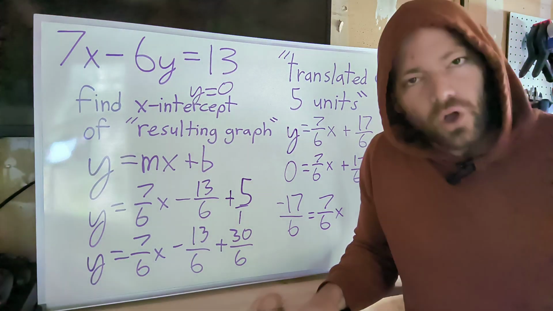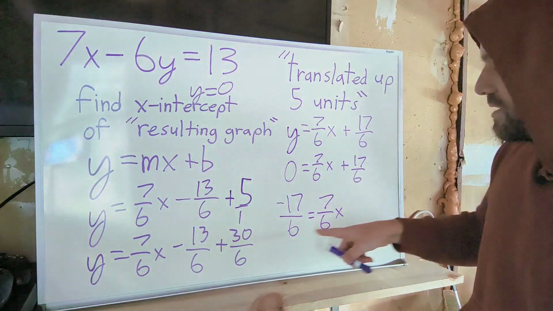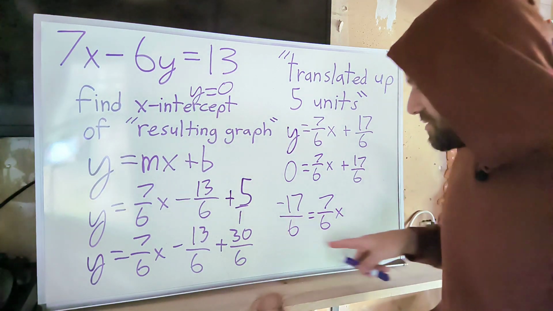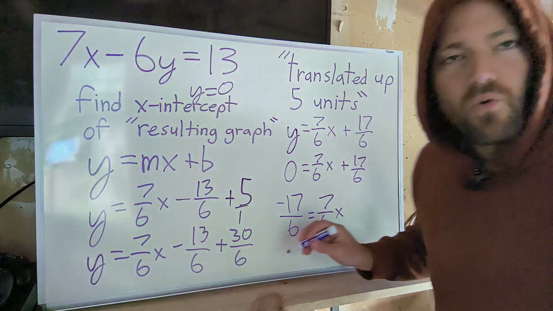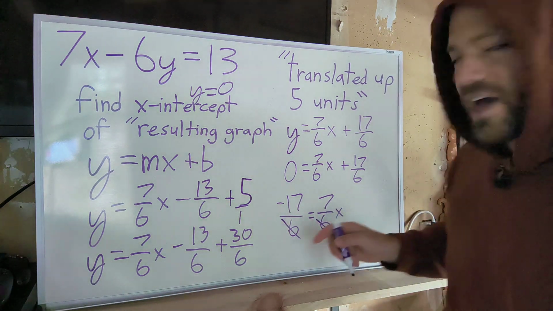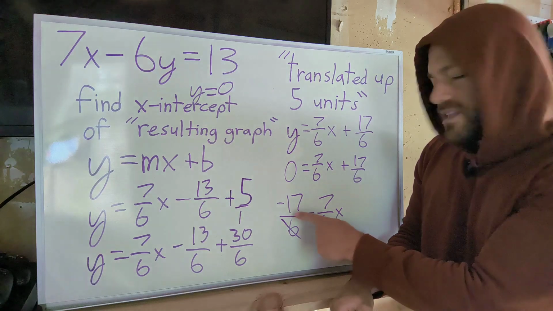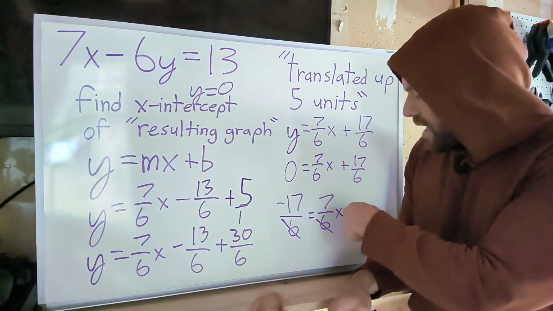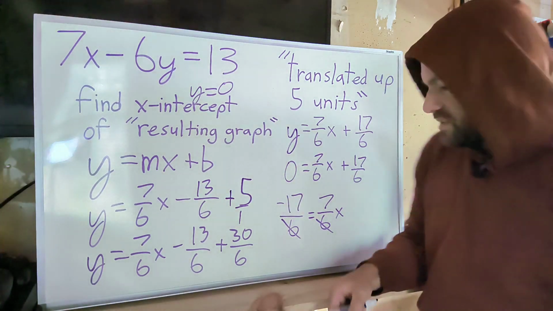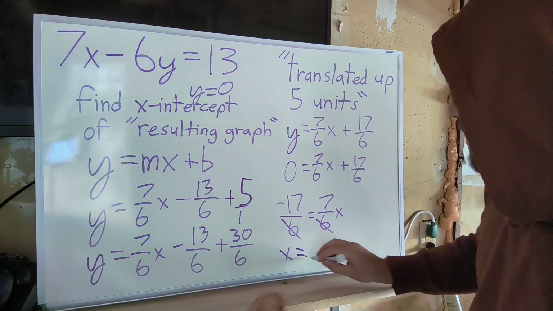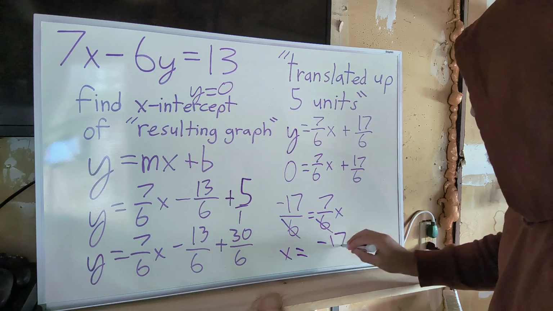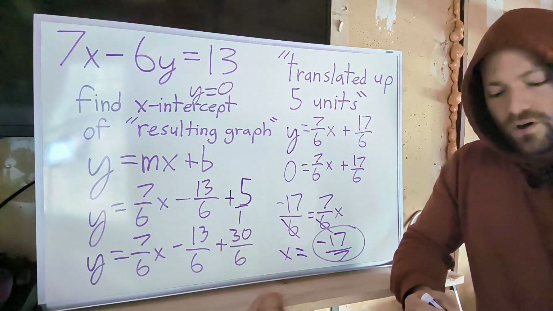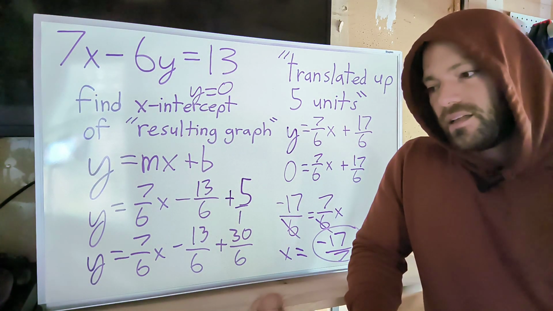But since I'm an adult, I'm going to notice that both sides have the same denominator. Both sides have a 6 there. So we're just going to cancel those both out and just focus on negative 17 equals 7x. I'm going to go ahead and divide both sides by 7 to get x by itself. We end up with x equals negative 17 over 7. So that's great.